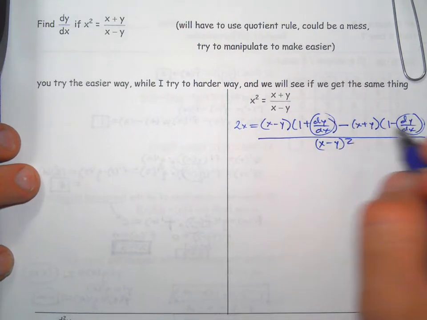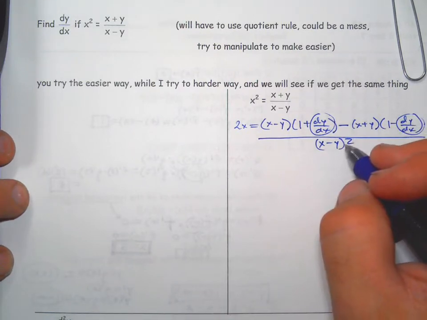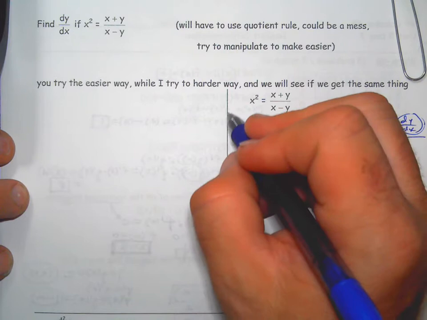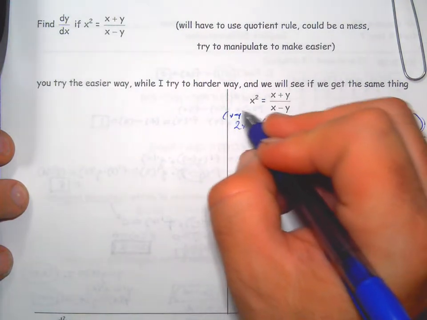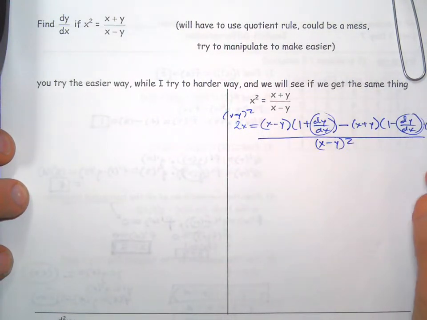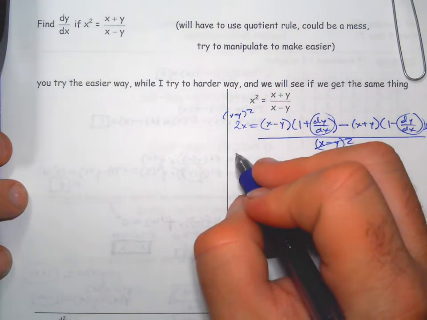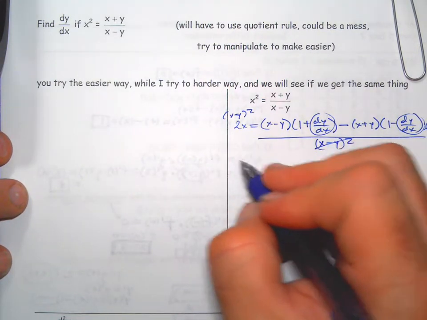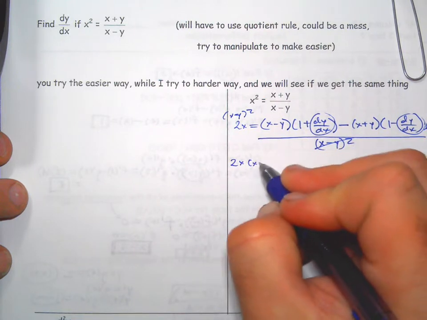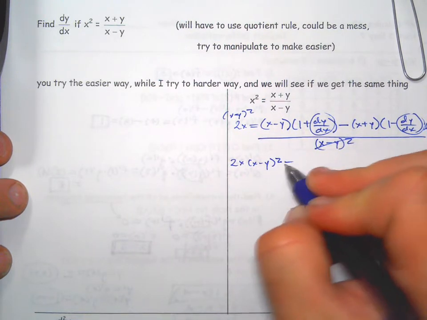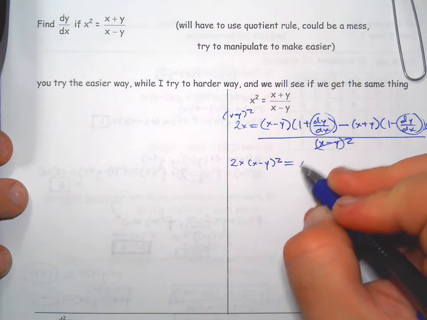We're going to solve for dy/dx. I would multiply both sides by x minus y squared to get rid of the denominator. So then 2x, x minus y squared. And over here, I'd probably go and distribute this.